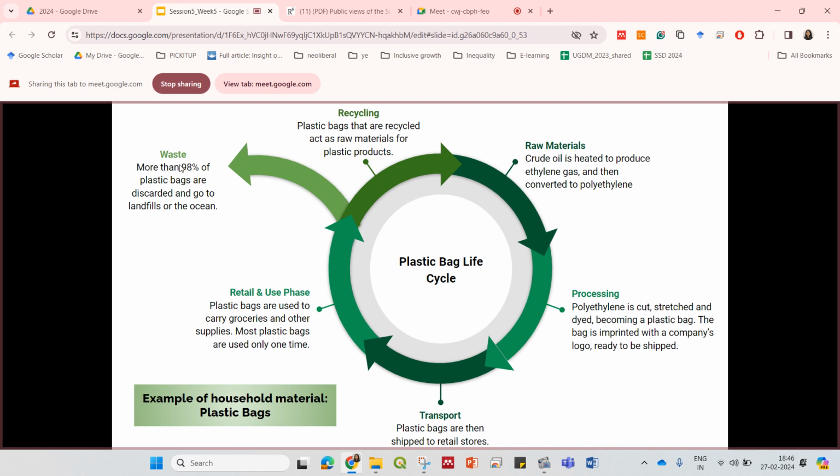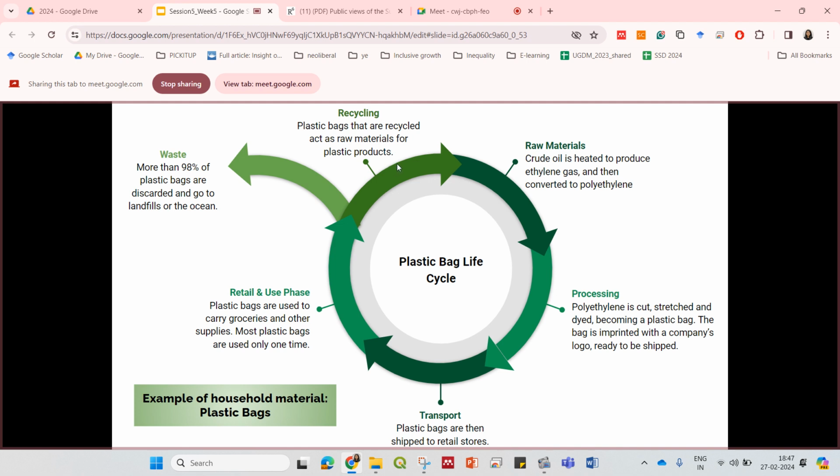After that, there are two options: either they are converted into waste, or they go into recycling. If they are converted into waste, they are discarded, and their life ends. They either go to the landfills or to the oceans. If they are recycled, they act as raw material for other plastic products.